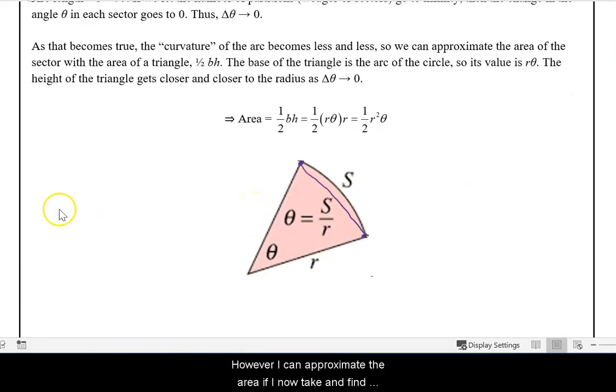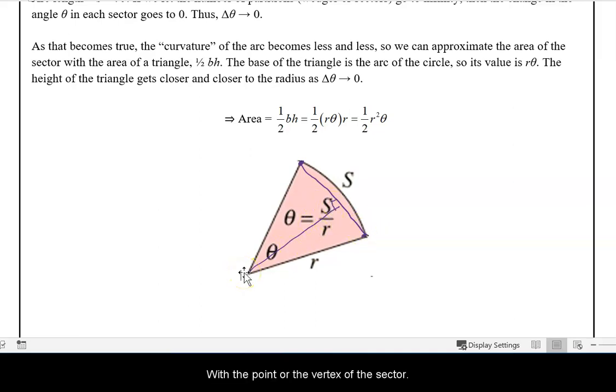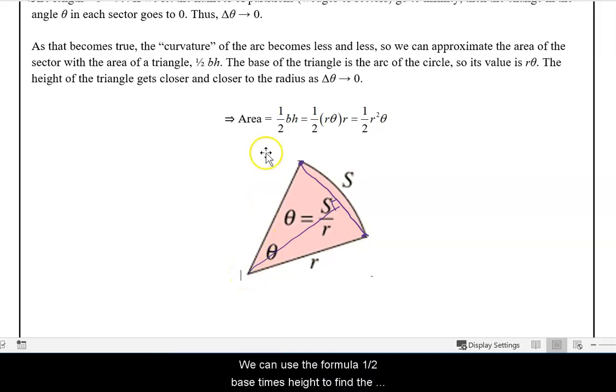However, I can approximate the area if I now find the perpendicular distance between the flat edge here connecting the corners of the arc or the crust with the point or the vertex of the sector. Then I can use the formula 1/2 base times height to find the area of the triangle and let it be the approximate area of the entire sector.